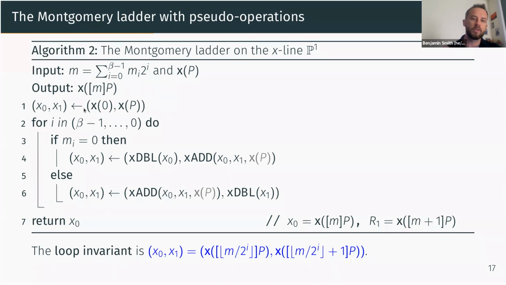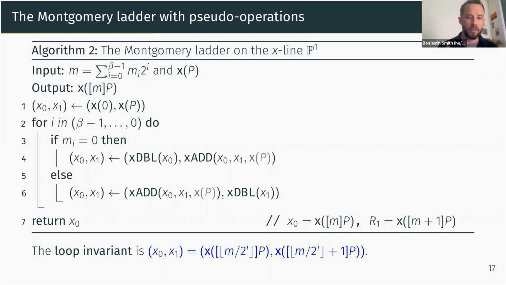Okay. So now it looks like we're doing a double and add with every iteration, with every bit of the scalar, because we're going to be doing either x double or x add. No, we're going to be doing them both. It's just a matter of which inputs we're putting where. Okay. So it's like a double and always add in that sense, but it's an x double and x add.